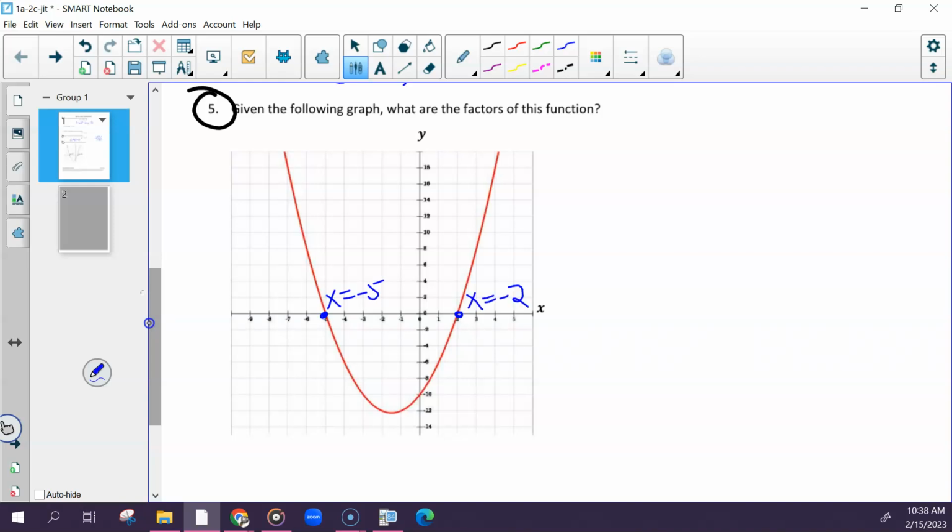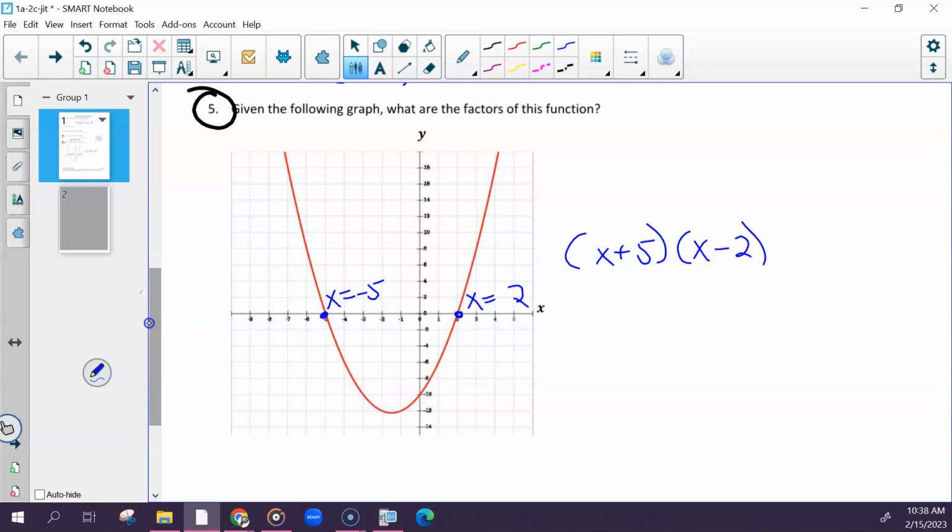But when you write them as factors, it's always the opposite because you're going to end up setting it equal to 0 and solving it. So the factor for this would be x plus 5, and the factor for this would be, they'd both be plus. Oh, this is positive, not negative. This would be minus 2. Sorry.